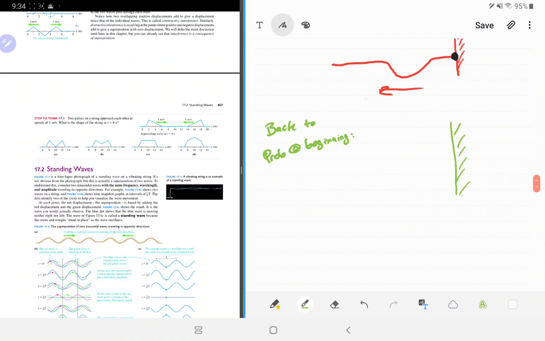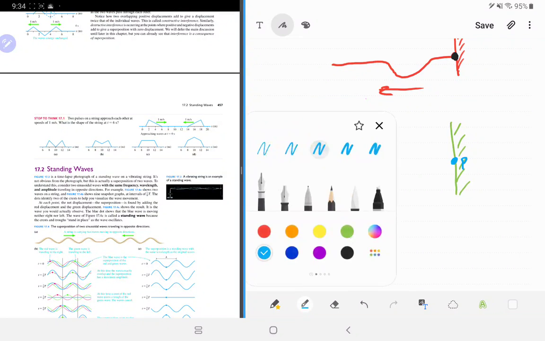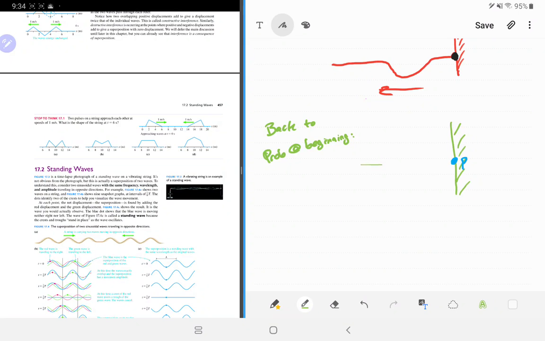So we had the wall. I was describing point P in teal right here, so we're looking at the moment when point P arrives at the wall. At this moment in time, there's the rope here, and there are two different pulses.